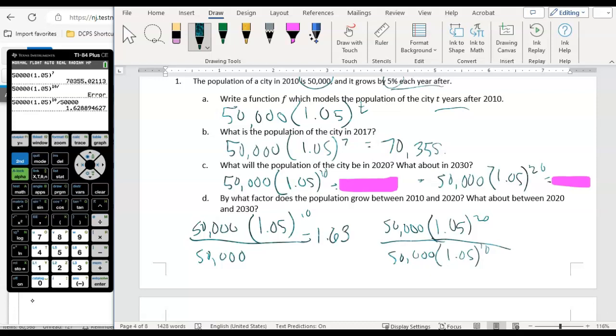All right, so it's increasing by approximately that amount over those 10 years.